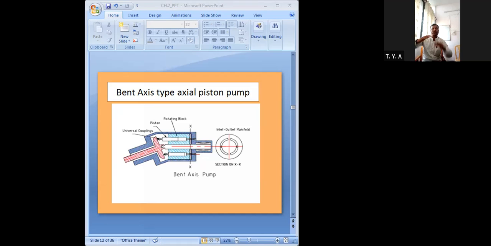This is a diagram. The swash plate is the same, but here your drive shaft and your pistons are connected with the help of the coupling, and they are inclined. That is a bend. Due to that, it is called the bent axis type axial piston pump. Getting it? Here is how the operation works.